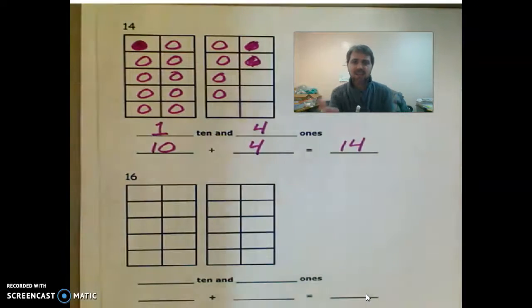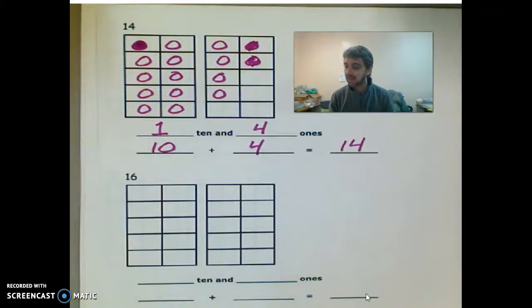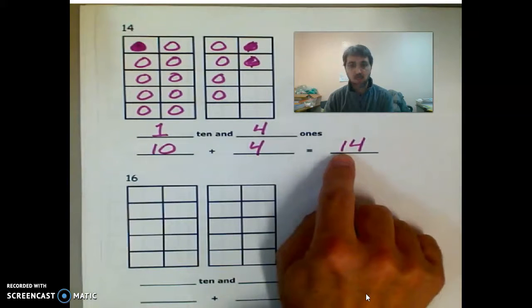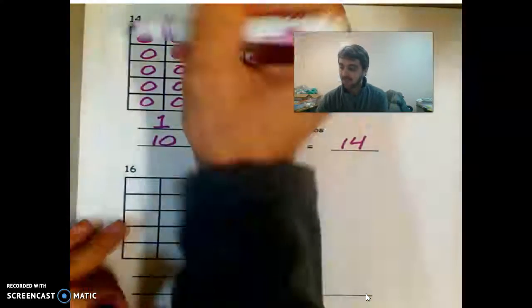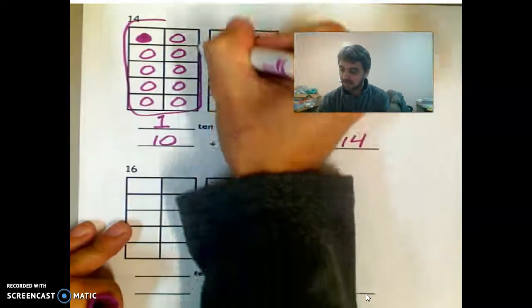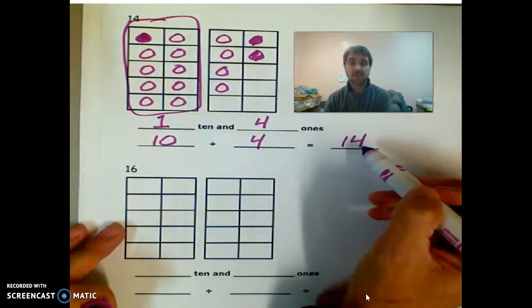Or if you're thinking of candy, how many full bags of candy can I make if there's 10 pieces of candy in a full bag? Notice that this 1 tells you how many 10s there are, and this 4 tells you how many are still left over, how many are loose.